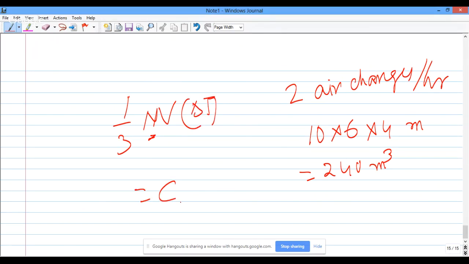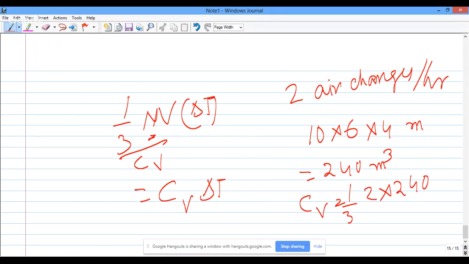We have been writing it as CV into delta T. CV is approximate, but you can make it a little more complicated if you want. So CV we calculate as 1/3 into 2 air changes into 240, which is 80 into 2, 160. And 160 into the temperature difference. If the mean outside and mean inside difference is about 7-8 degrees, then CV delta T will be the ventilation heat flow.